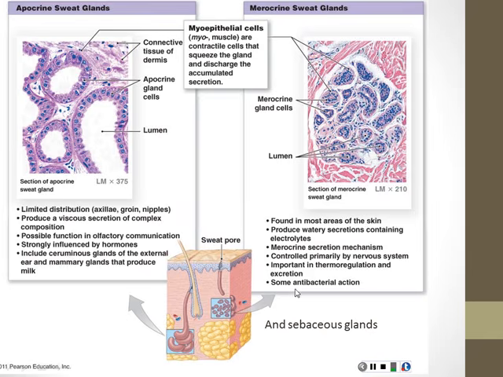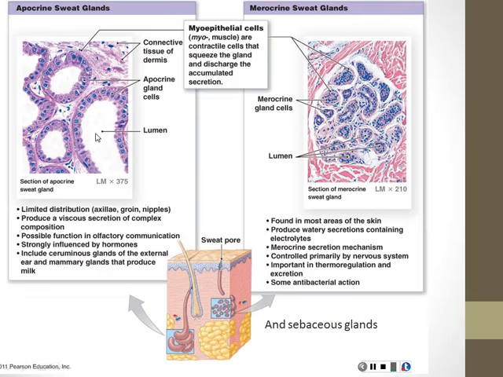The merocrine sweat glands also are a little bit antibacterial. So it makes our skin a little less of a nice place to live for potential bacteria. All right. The other kind of sweat gland is found in only certain areas of the body, so axilla, groin, and nipples. And these produce a very viscous secretion, so not watery at all.